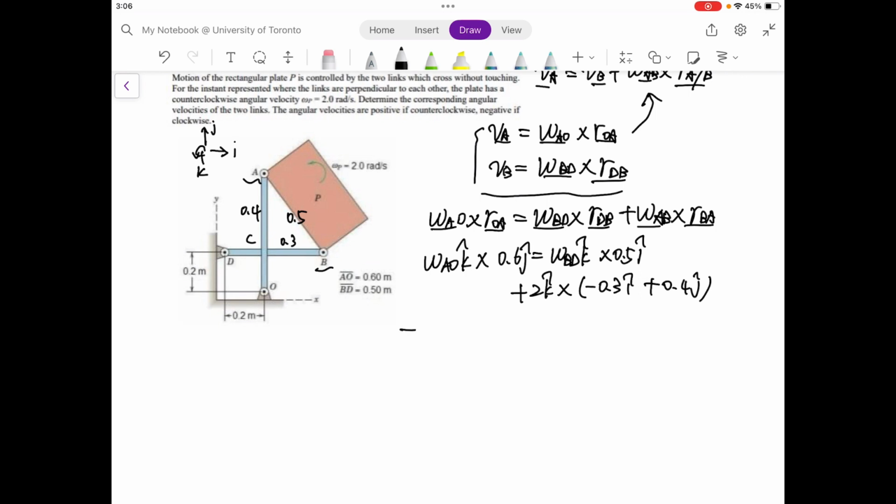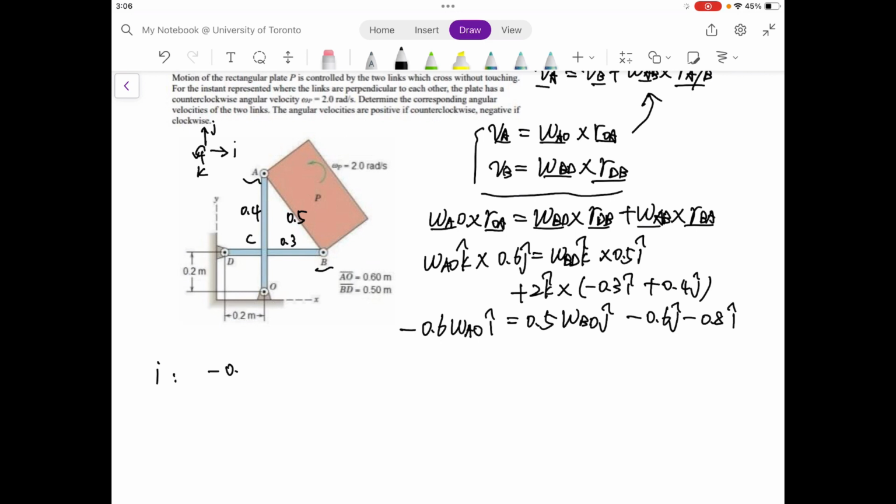So it's equal to 0.6 omega AO I is equal to 0.5 omega BD J, minus 0.6j minus 0.8I.